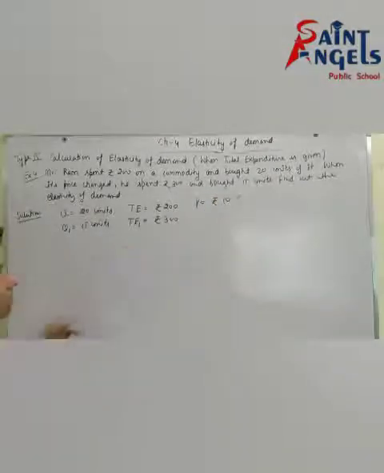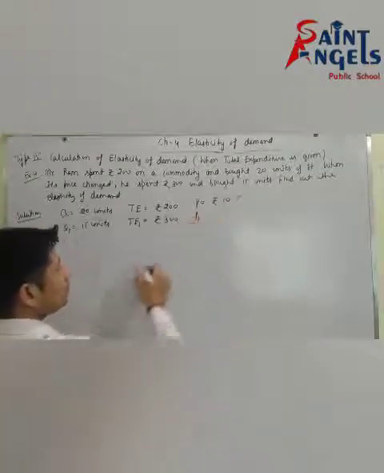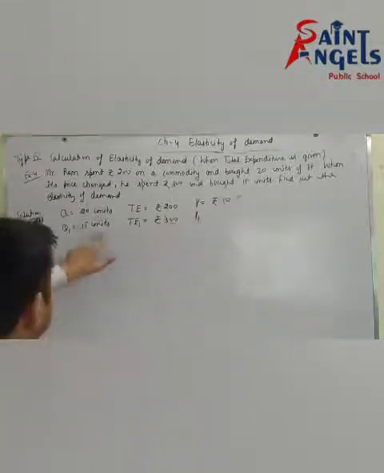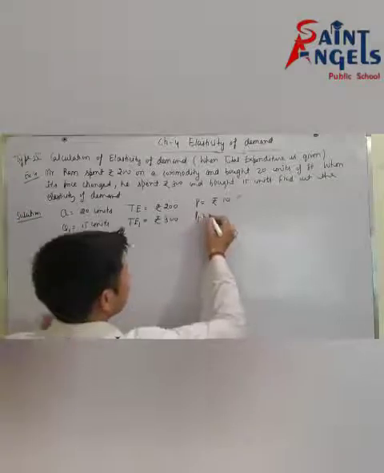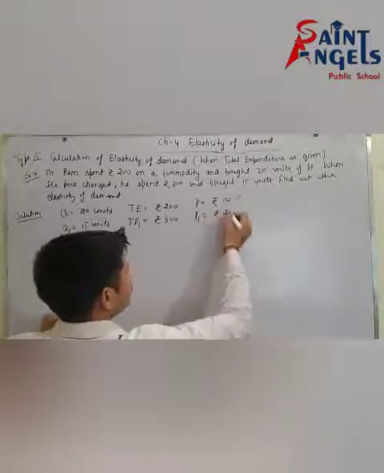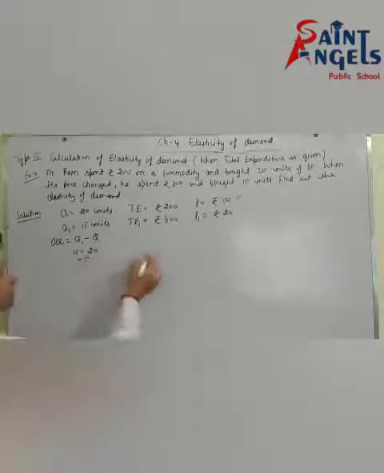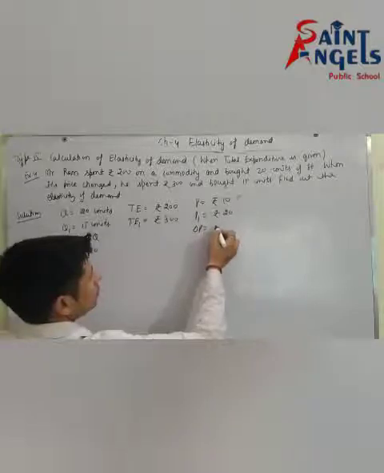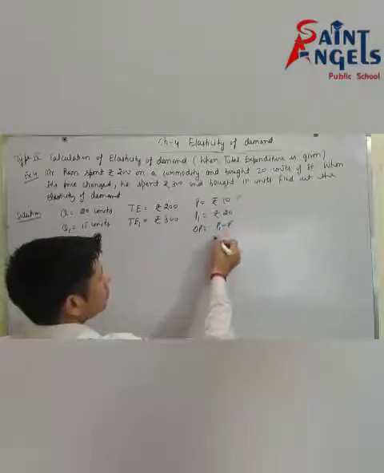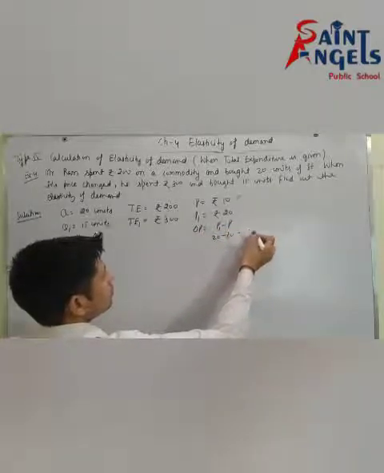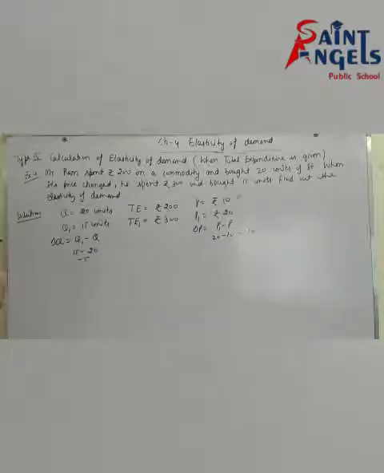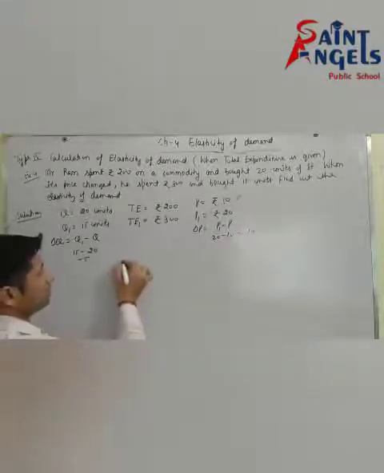After this you will find the new price: 300 divided by 15 means rupee 20. Please calculate delta Q, Q1 minus Q. So 15 minus 20 means minus 5, and delta P is equal to P1 minus P. So 20 minus 10 is equal to 10, and use the formula of the proportionate method.